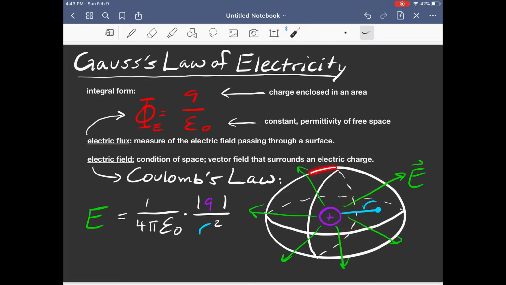And around that point charge, we can draw a Gaussian surface, which is a mathematical tool that allows us to ask meaningful questions, such as what is the magnitude of the electric field at some radial distance from our point charge. From Coulomb's law, we get that the magnitude of our electric field is equal to 1 over 4 pi epsilon naught times the magnitude of our point charge divided by the distance squared, the radial distance from our point charge to the Gaussian surface around it.